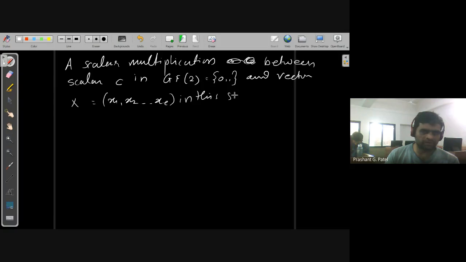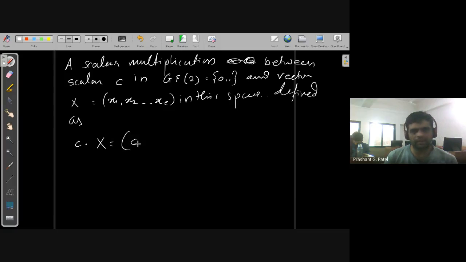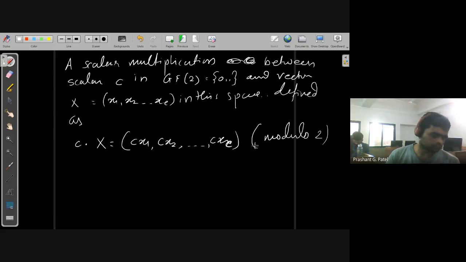In this space of 2 power e vectors, we define c into x as c x1, c x2 up to c xe. This is also with the modulo 2 function.